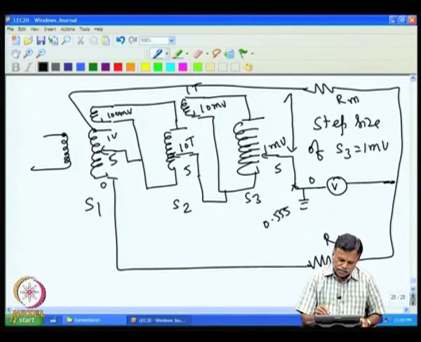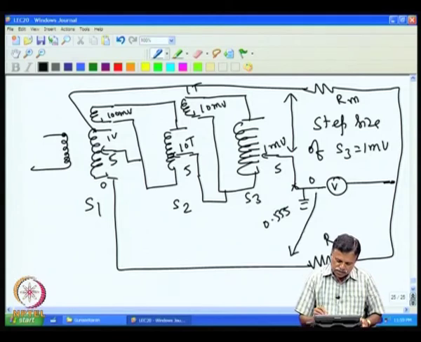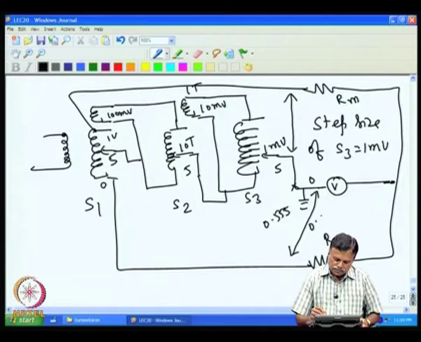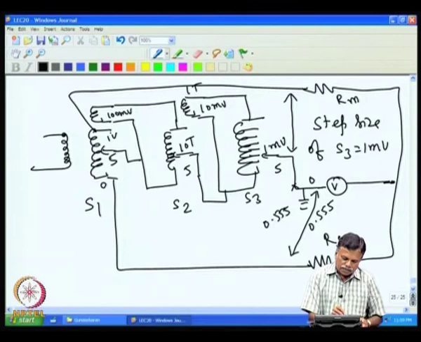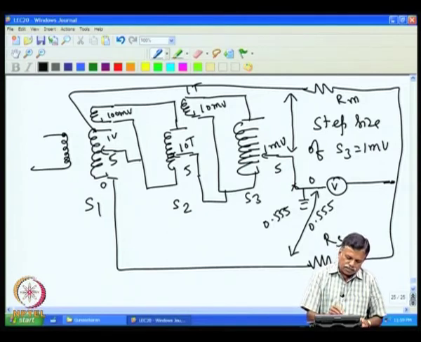Because our interest is the voltage difference between this and this. So this voltage is 0.55, and with respect to this point, this is 1 volt. So with respect to this, it is 0.5 volt. That is, with respect to this point 0.55, and if I take this one, this will be 0.45.